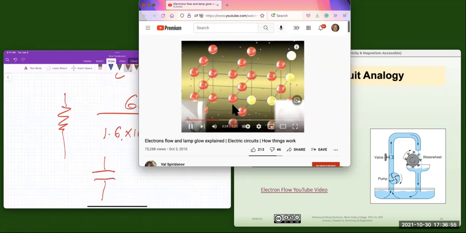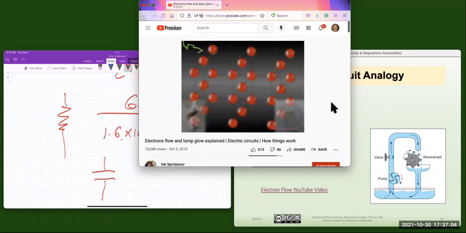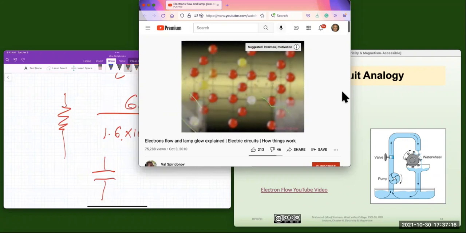So you see the electrons are moving, drifting towards the positive. And if there is no potential, they just wander around from one side to another. But once the potential is high, they start moving all towards the positive side.